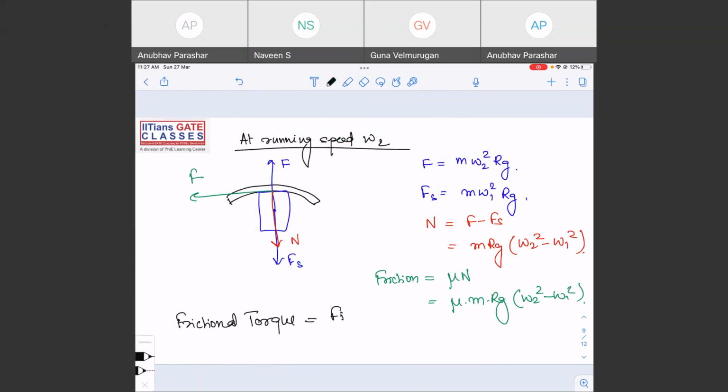It is equal to friction multiplied by the radius of the drum, that is equal to mu m Rg into Rd into omega 2 square minus omega 1 square.